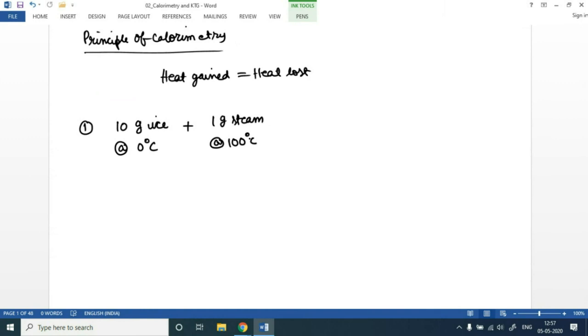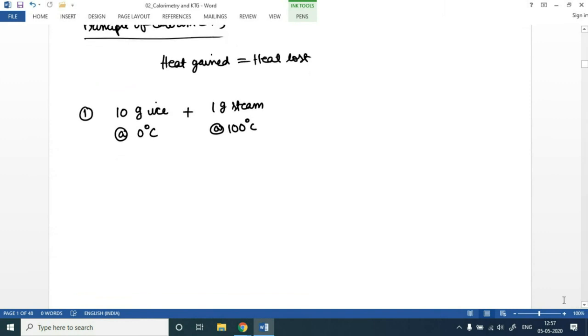So how do we approach this question? You should realize that ice is the cold body and the steam is the hot body. So ice would be gaining heat and steam would be losing heat. First, let's check how much heat would be required to melt all the ice.